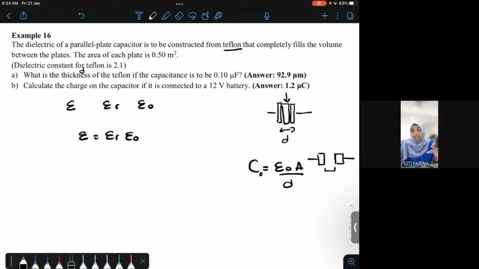Okay, C ni kita letak simbol naught juga untuk indicate that it has been filled with air sebab kita tengah guna epsilon naught, permittivity of free space, air.